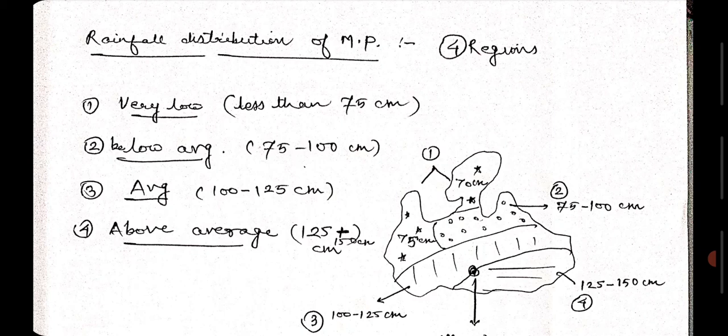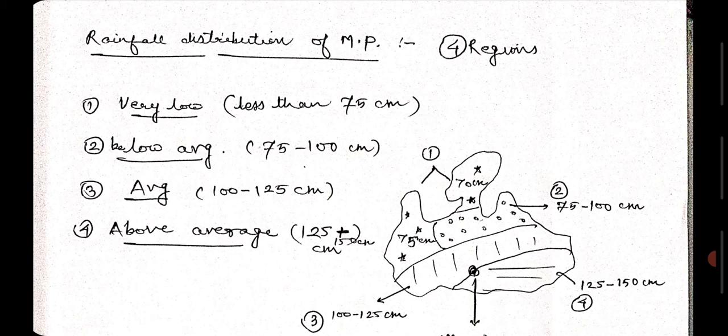If we see rainfall distribution of MP, there are four regions: less than 75 centimeters, second is 75 to 100 centimeter, third is 100 to 125 centimeter, and fourth is above 125 centimeter. So first, less than 75 centimeter, is Central India Plateau and Malwa Plateau. This is very low.